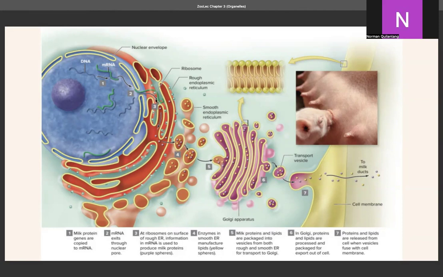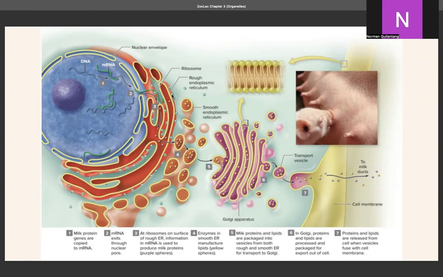So information from the nucleus of the cell signals the production of milk proteins. That signal goes into the rough endoplasmic reticulum and then goes to the ribosomes where the milk proteins, the amino acids, are produced.